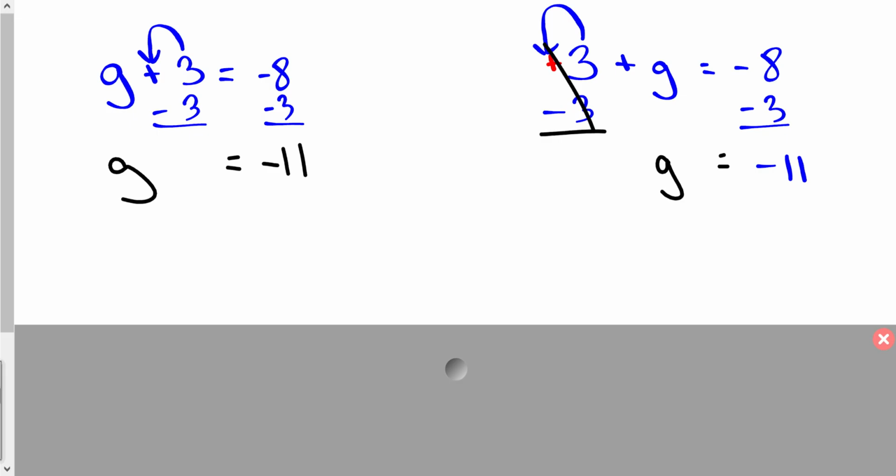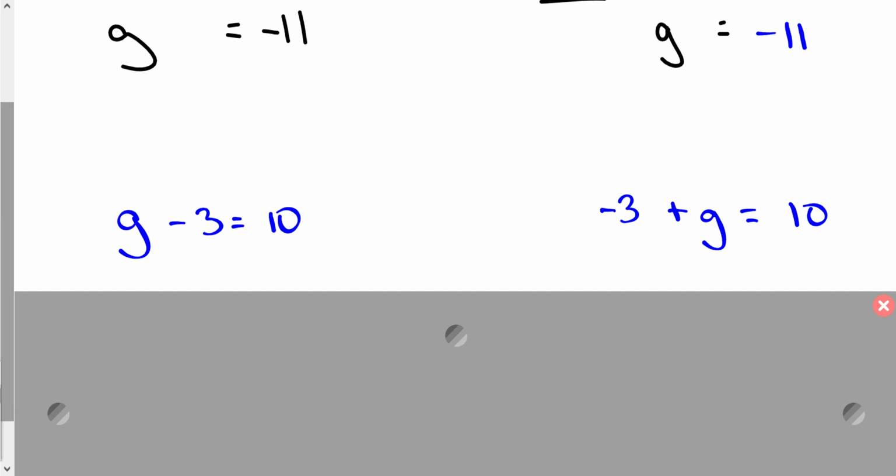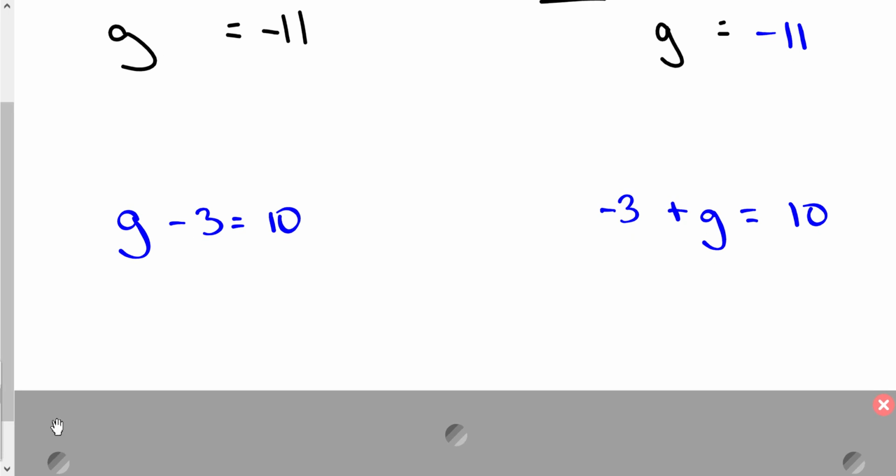Now the next thing that's going to happen is that we come down here and we look at this situation, and this is why I've got the look left that's sitting here for us. We have G -3 equals 10, and we have -3 plus G equals 10. See, like right here, there's no problem. Here's our G. What's the 3 doing to the G?